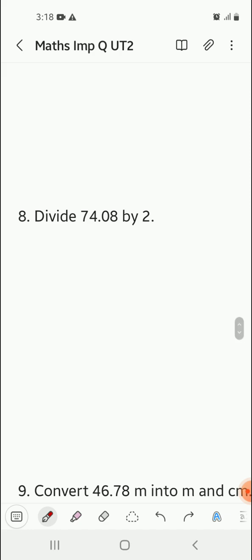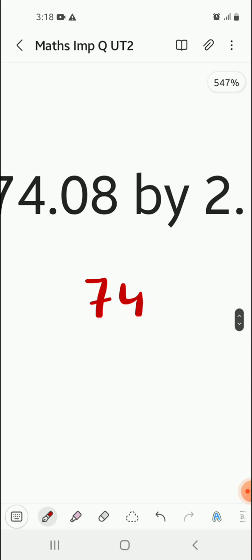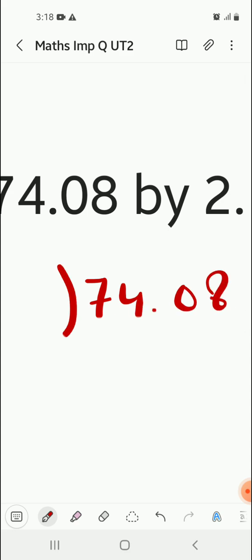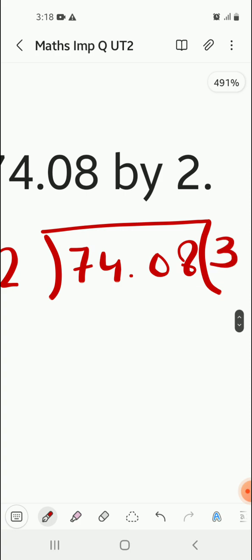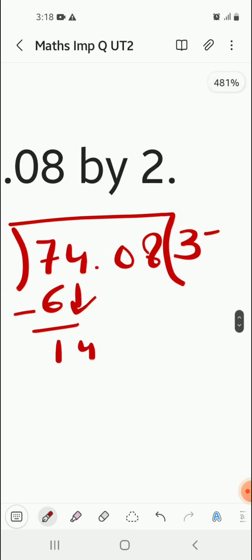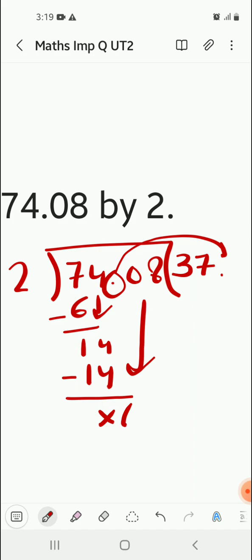Divide 74.08 by 2. Simple. So 74.08 divided by 2. 2 into 7 becomes 14. Now 1, then again 4. Now the decimal point will be shifted here. The next number is 0.